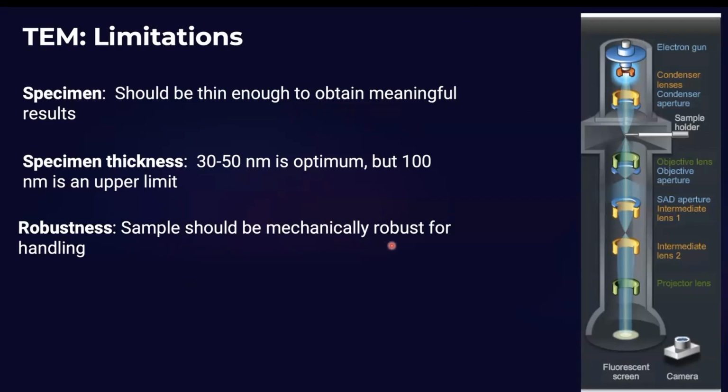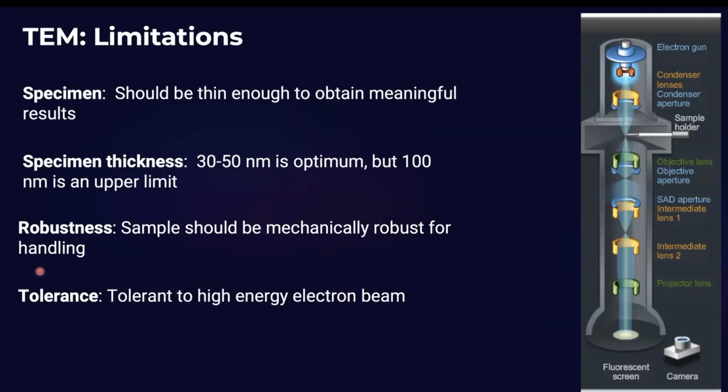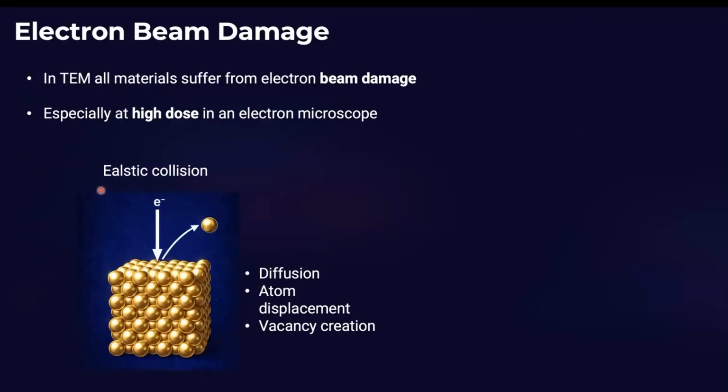That's because when internal structures overlap each other, we cannot get good details. The sample should be mechanically robust because we are using extremely high vacuum, and tolerant to electron beam radiation. Why? When your material interacts with high energy electrons, it can lead to electron beam damage, particularly when a high dose is used.